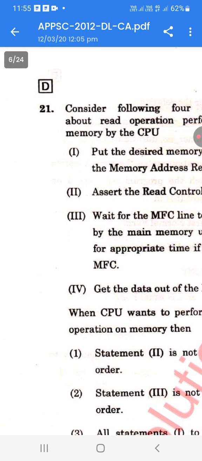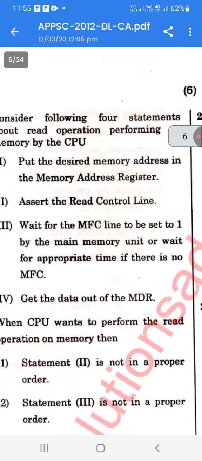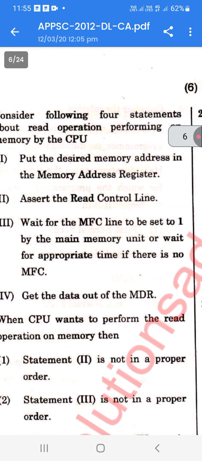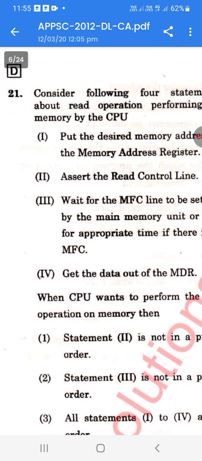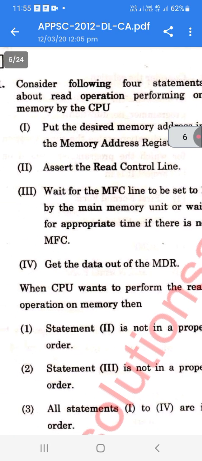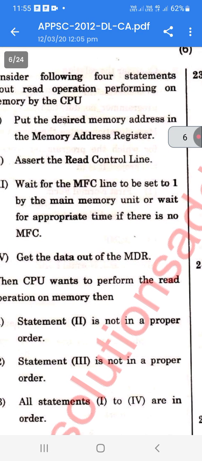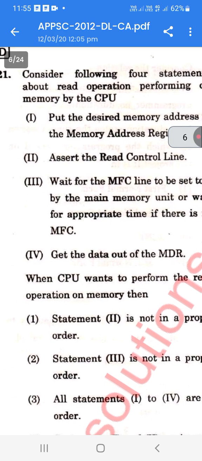21. Consider following 4 statements about read operation performing on memory by the CPU. 3. Wait for this MFC line to be set to 1 by the main memory unit, or wait for appropriate time if there is no MFC.